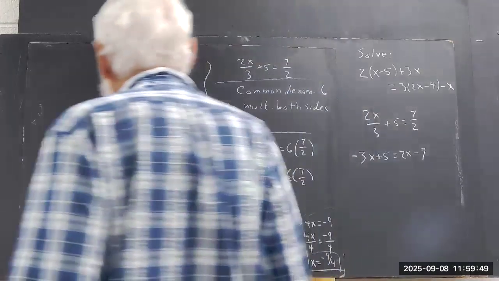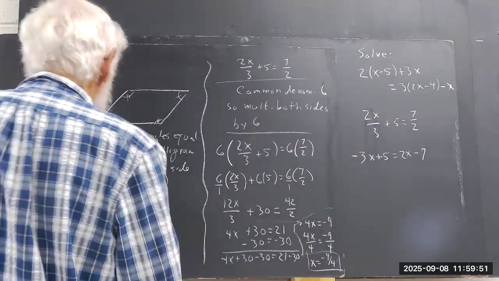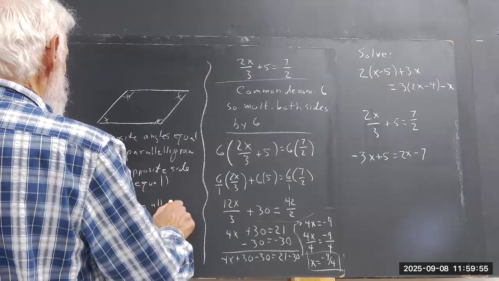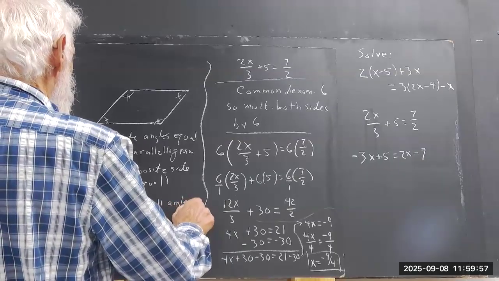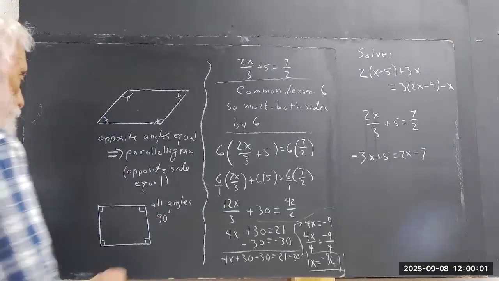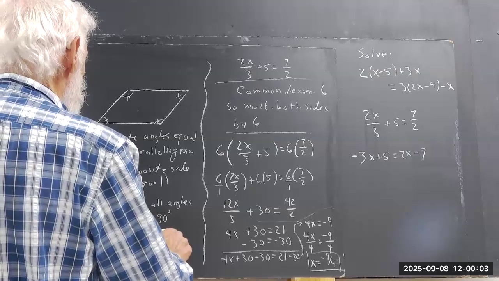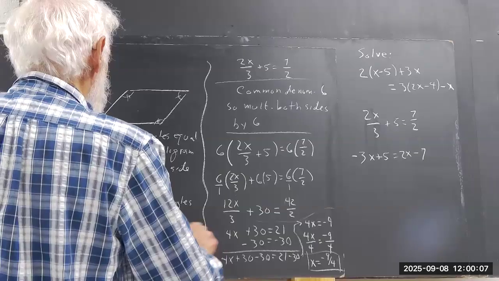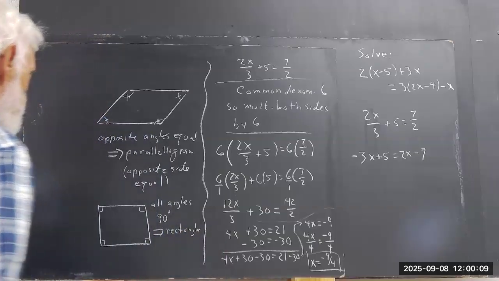So rectangle. All angles are 90 degrees. So we've got a rectangle.